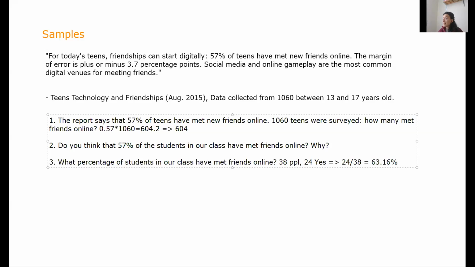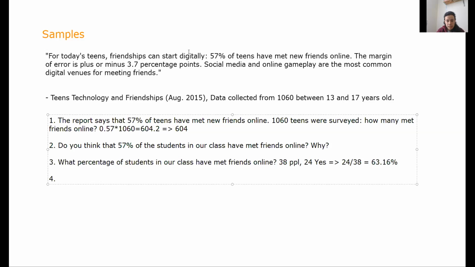Right, so now we have 63% of people in class have met friends online, right? Now, this is more or less close to 57%, not necessarily exactly equal, but that's not necessarily a big problem, right? So we have a value that is more or less close.